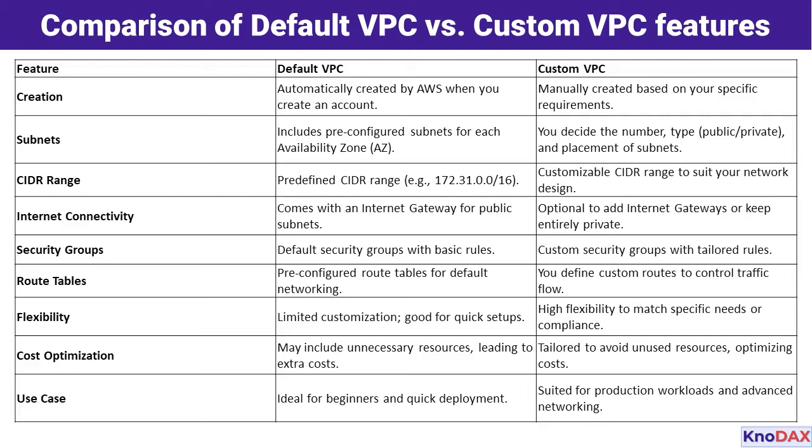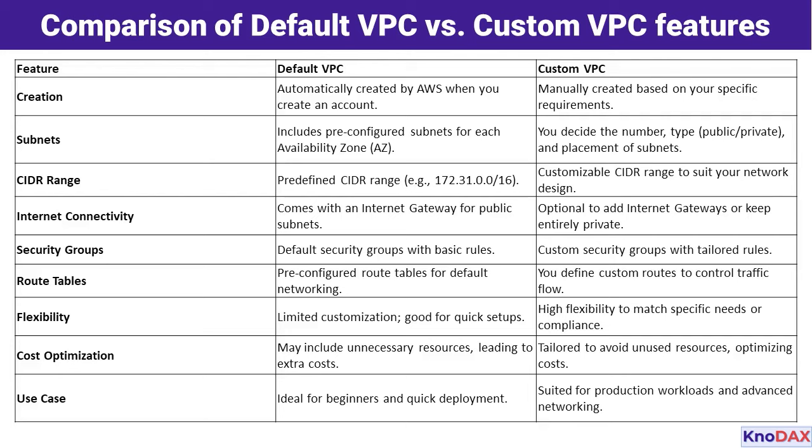With a custom VPC, you can define security groups with tailored rules specific to your application needs. Route tables. Default VPCs have pre-configured route tables to handle basic networking. Custom VPCs let you create and customize route tables to control traffic flow within and outside your VPC.